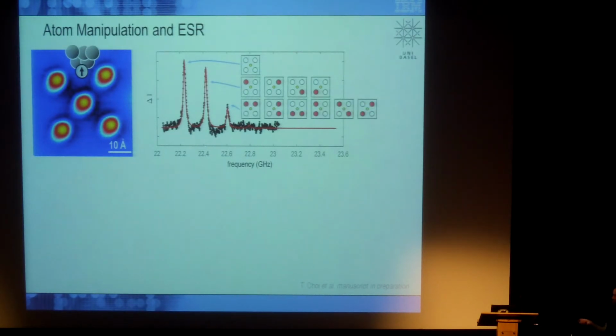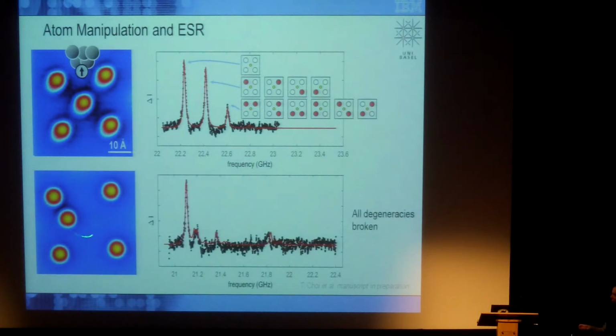And then of course the next peak is if 2 atoms are in an excited state. And you can go a lot further than that. You can now push this atom somewhere else, and then the peak with the 1 excited state splits up into many other peaks, and all degeneracies are broken.